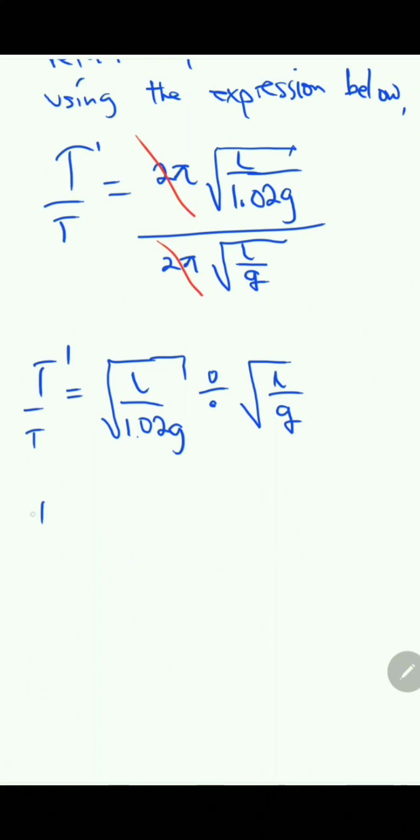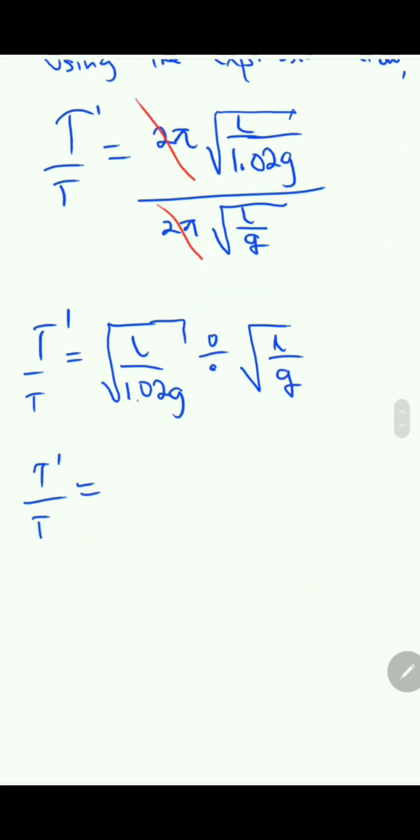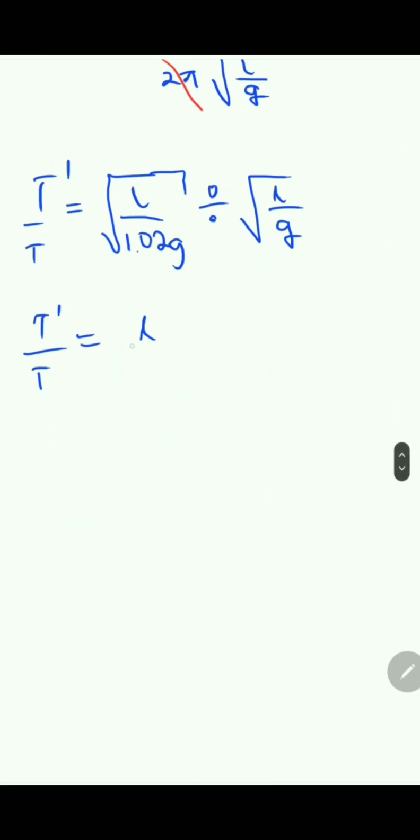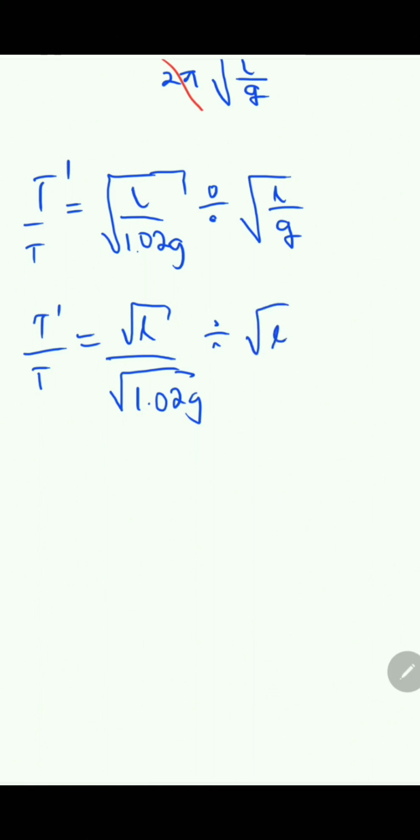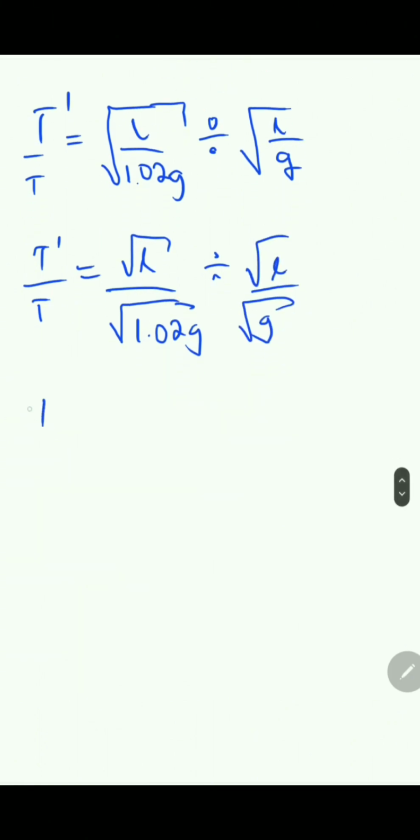According to the laws of surds, I'll express this ratio by splitting the roots since they're dividing, so that the part on top has its own root and the part down has its own root. We do the same, so I have root of L divided by the root of g.